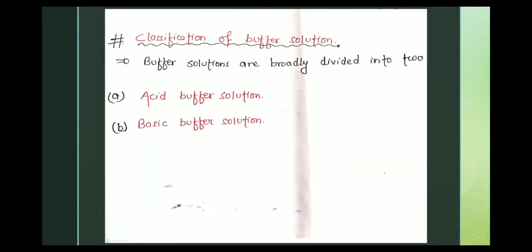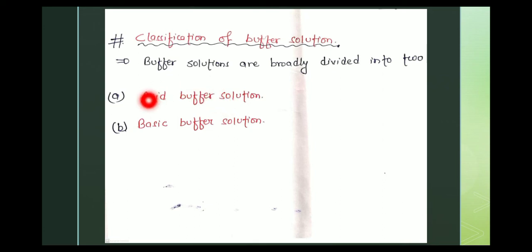Now let's see the classification of buffer solutions. It is of two types: acidic buffer solution and basic buffer solution. Acidic buffer solutions are buffer solutions of a weak acid and its salt with a strong base. For example, we can take acetic acid and its salt, sodium acetate.